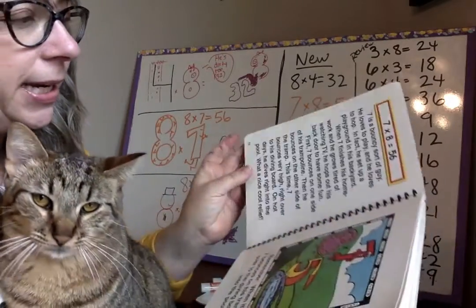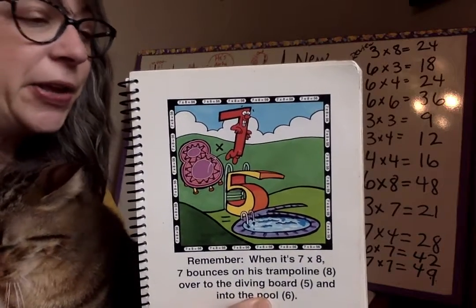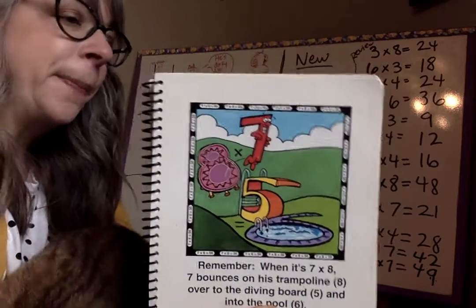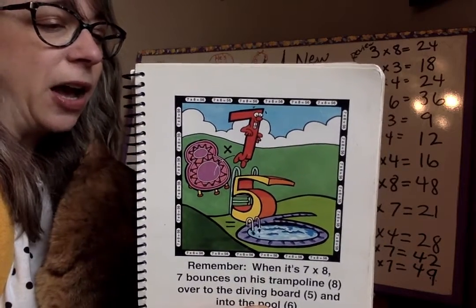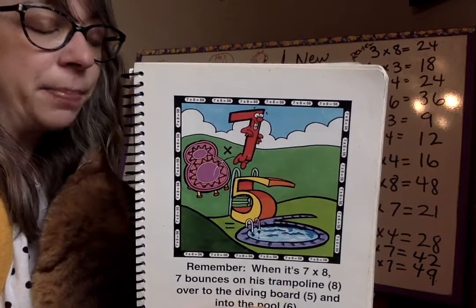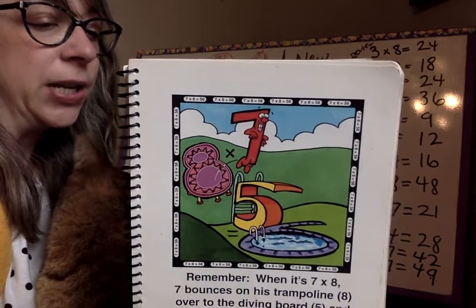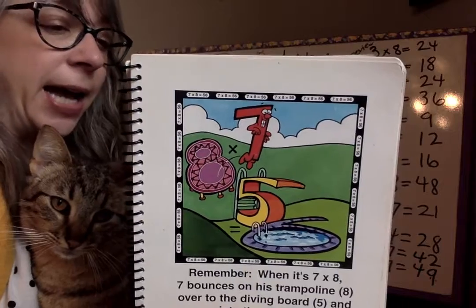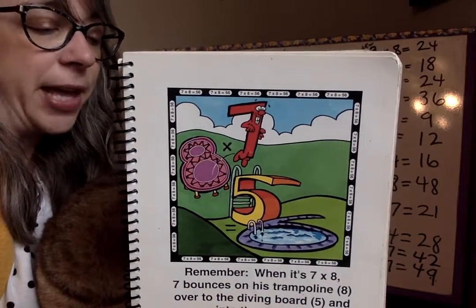Our next story is 7 times 8 is 56. 7 is a bouncy sort of guy. He loves to play and he loves to hop. In fact, he set up a playground in his backyard. When 7 finishes his homework, he grows tired of watching TV, he hops out his back door to have some fun.